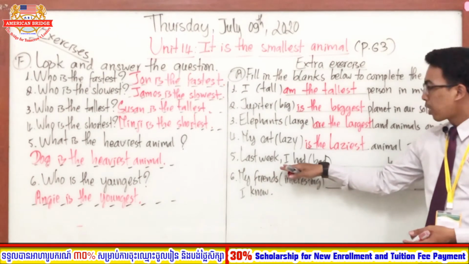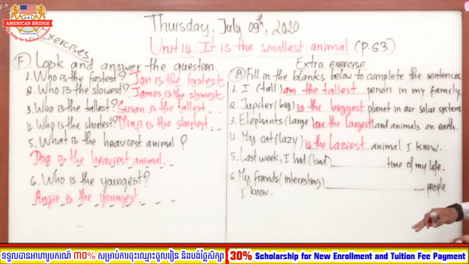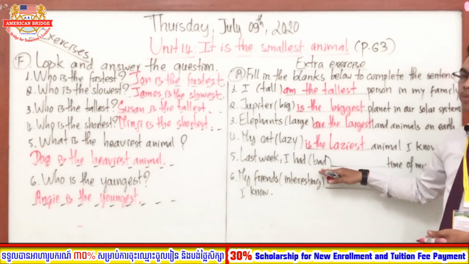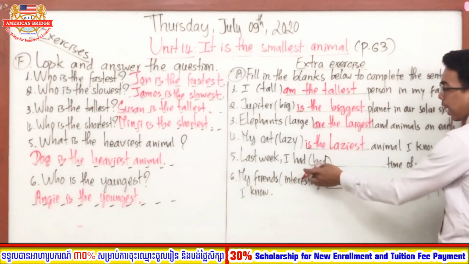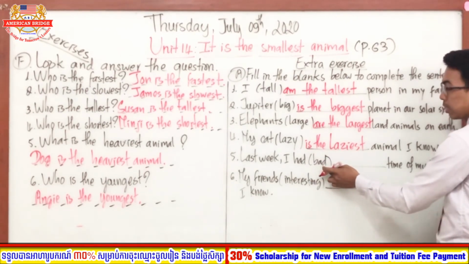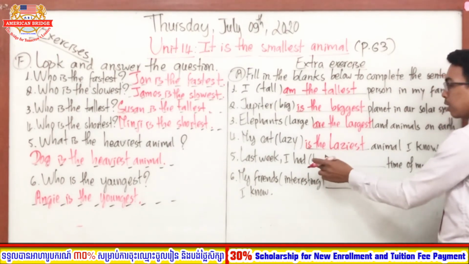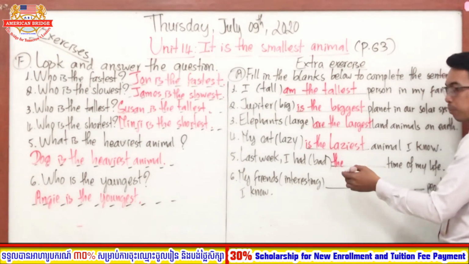Last week, we had the word bad, time of my life. So we change: last week I what? I had. Yeah, we have the verb already. So I had the what?